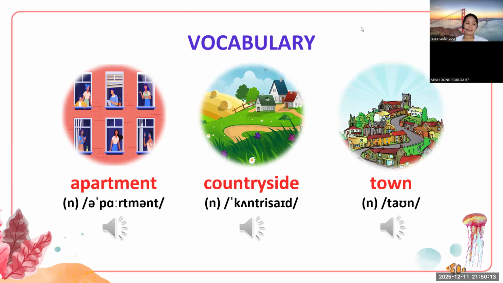What is that? It's a town. Again, potato. What's the third word we have? We have countryside. Okay, town.